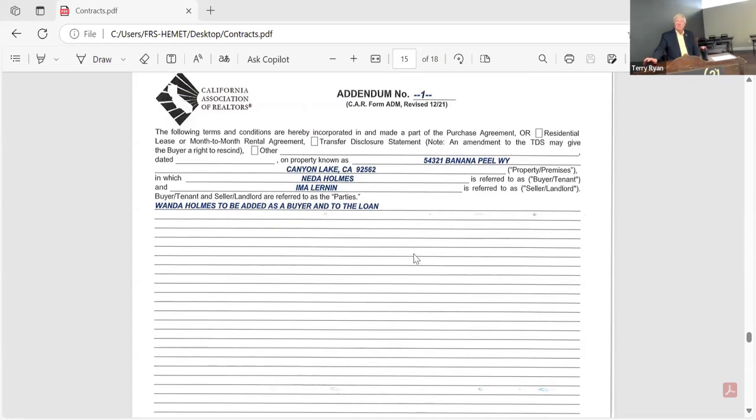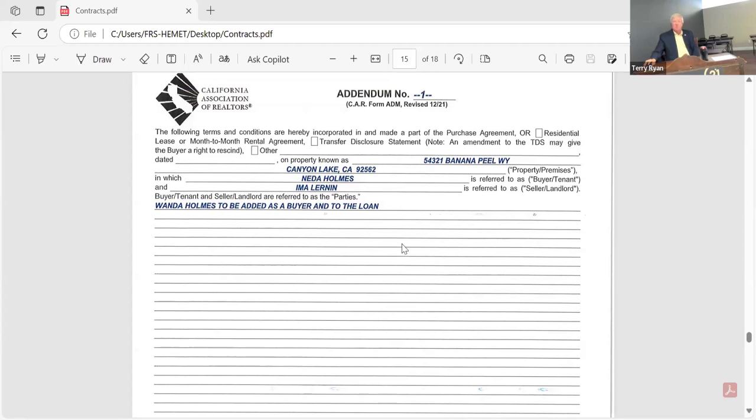You could make an addendum, for instance, when you look at things and find out that 54321 Banana Peel Way is not the right property. When you looked at it further, you found out that 54323 Banana Peel Way is the address that should have been on there. You could make up an addendum that just says buyer and seller understand that 54323 is the corrected address on the contract.